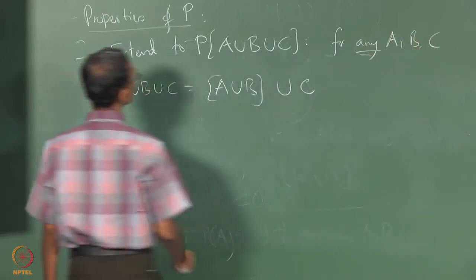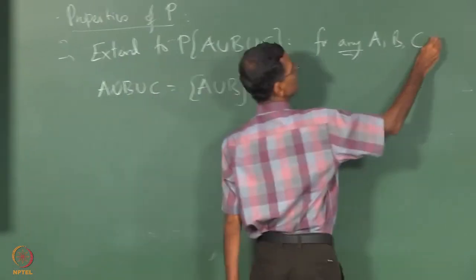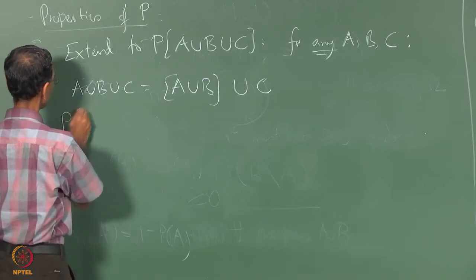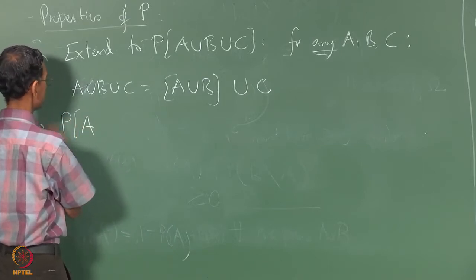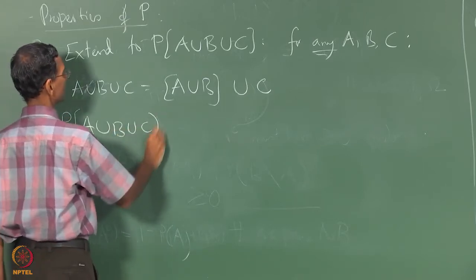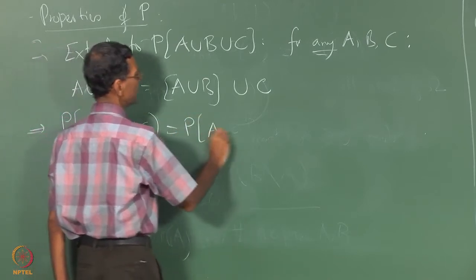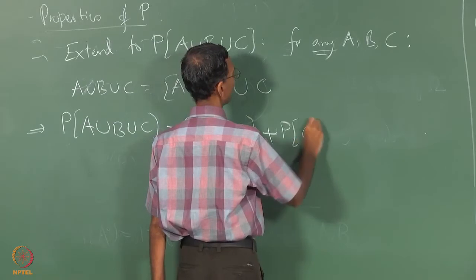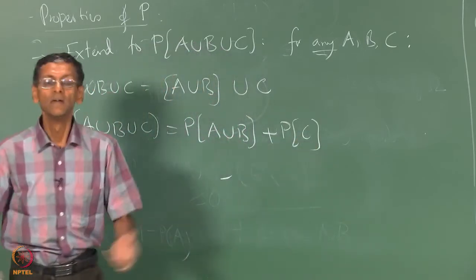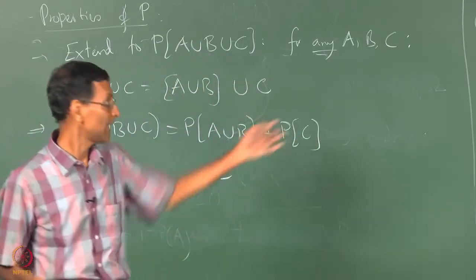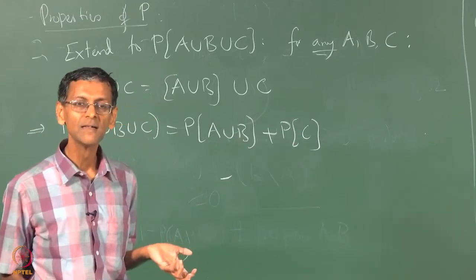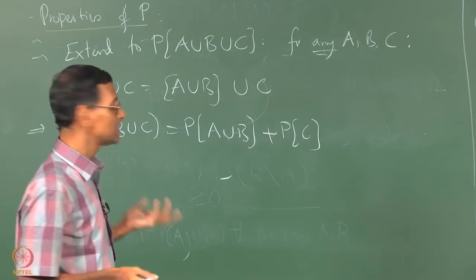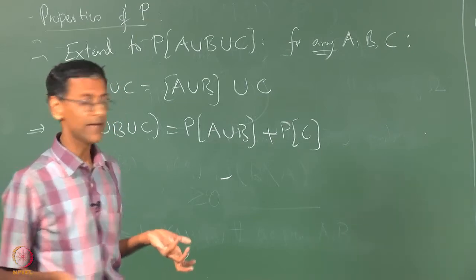Then this implies P of A union B union C is P of A union B plus P of C minus what? By that, what is it? Minus C intersection A union B.